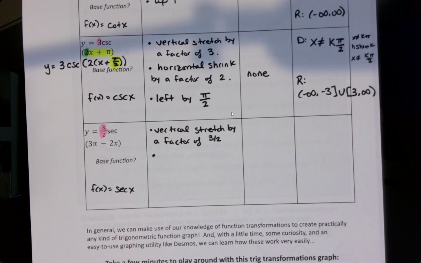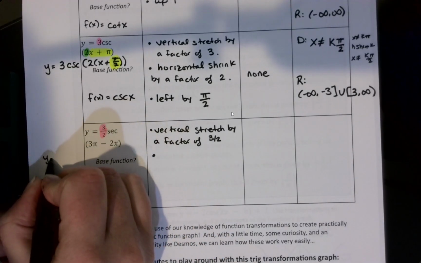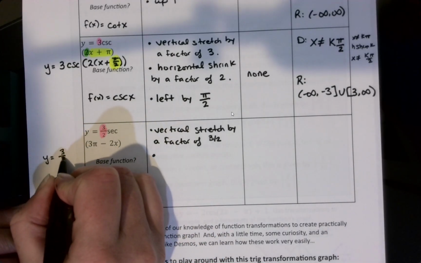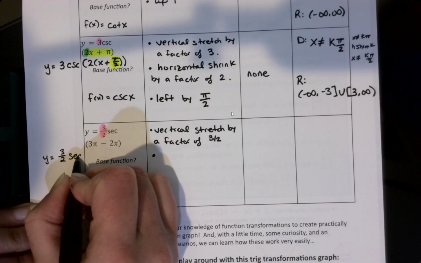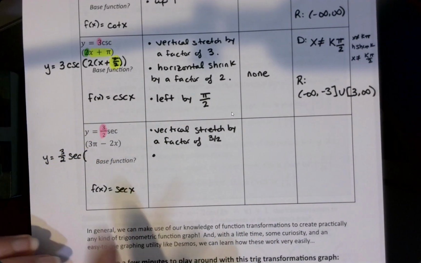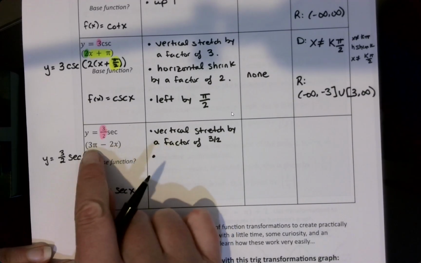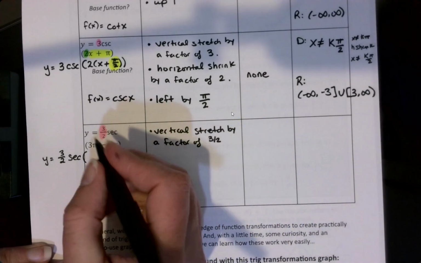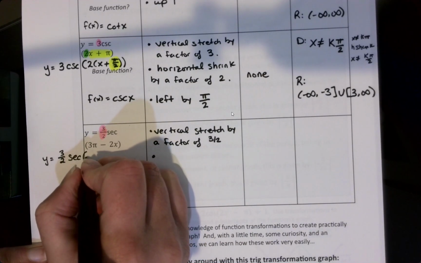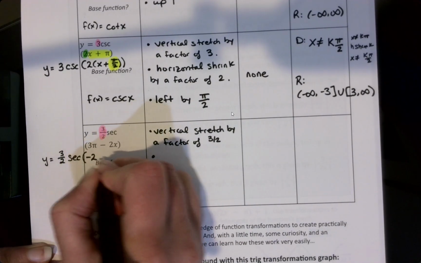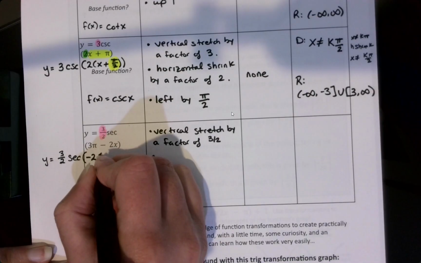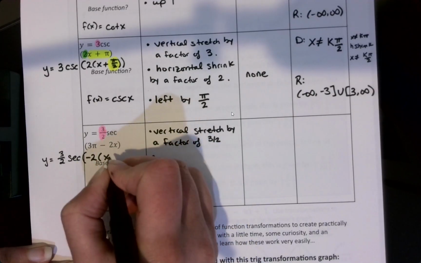Then I'm going to need to reorder this function to talk about the other transformations. So this is y equals 3/2 secant of. In the inside here, 3 pi minus 2x, that's backwards. We should write the x first. So if you think about that as -2x, let's also go ahead and factor out the -2.